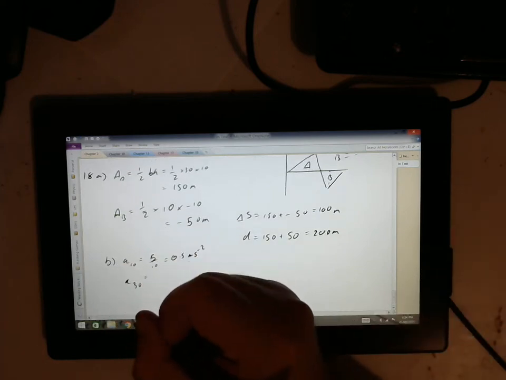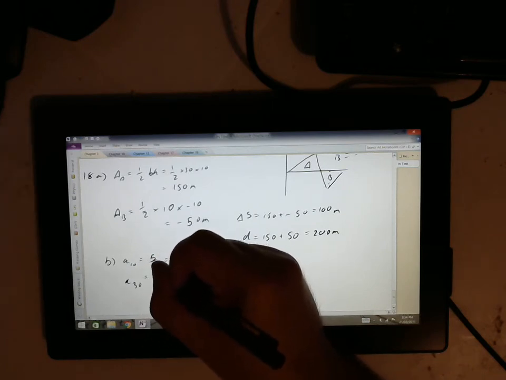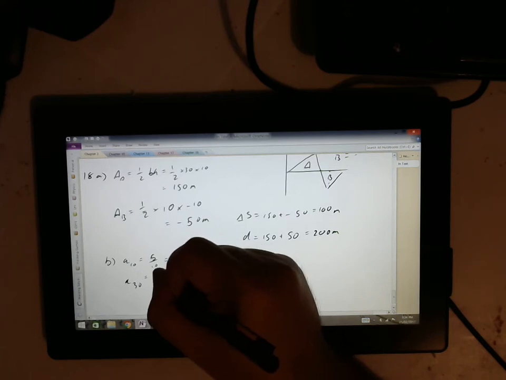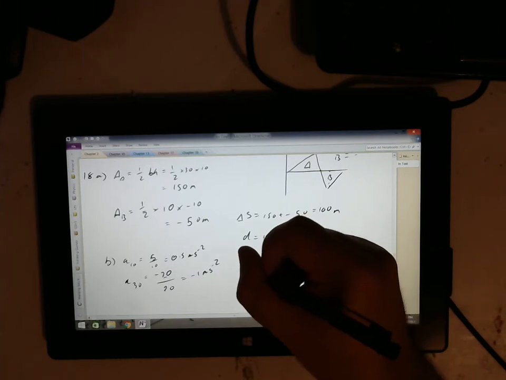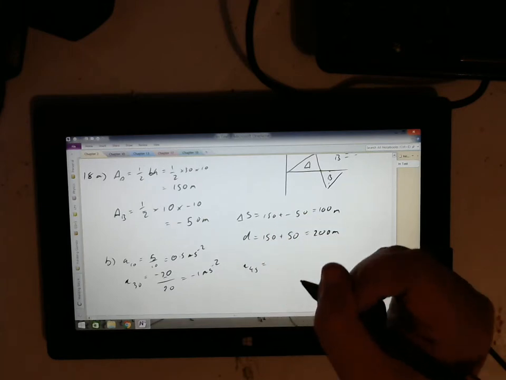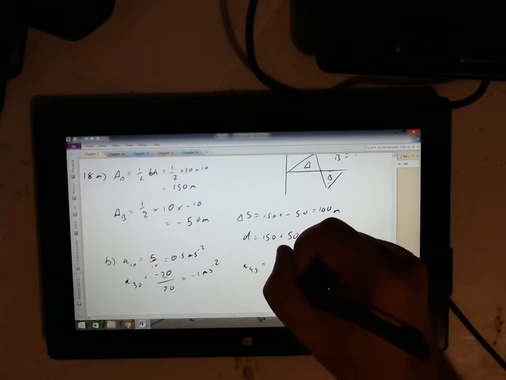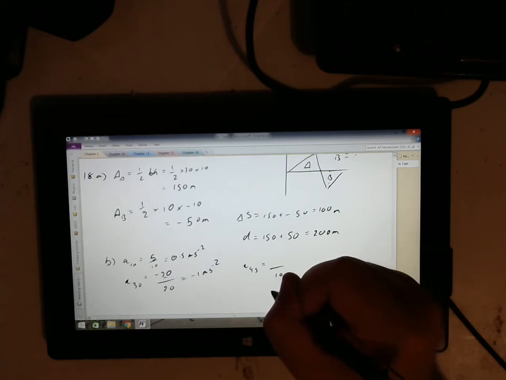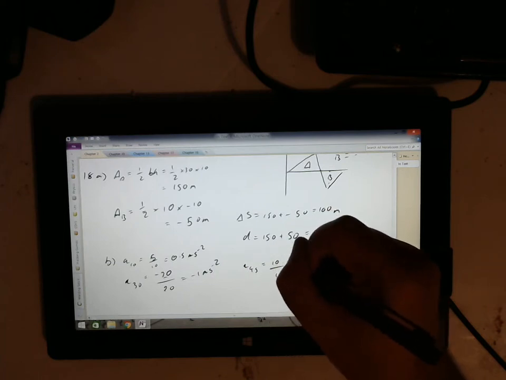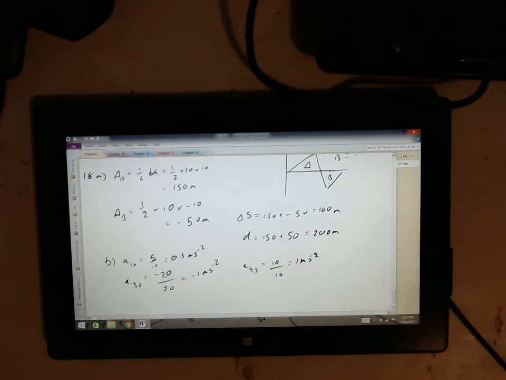Acceleration of 30 equals, if it's negative 10, so that's going to be negative 20 divided by 20 equals negative 1 meters per second squared, and the acceleration of 45, same kind of thing, it's in that line from 40 up to 50, so that's a time of 10, and it goes from negative 10 up to 0, so that would be an increase of 10 equals 1 meter per second squared, which I'll just double check quickly. Yes, that's correct.